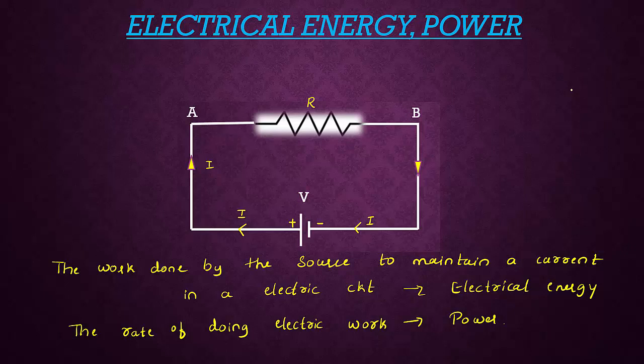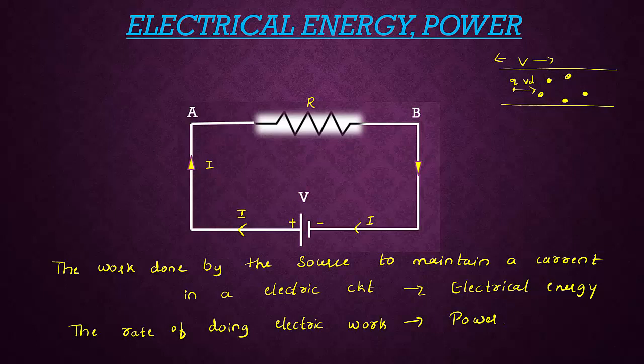You can observe this diagram. When we provide potential difference V, charges start to move throughout the conductor. Suppose this is a conductor, and let us consider the charge Q. When the charge starts to move with a certain drift velocity, there are some positive ions or atoms present in the conductor.